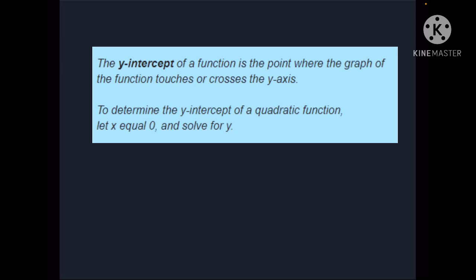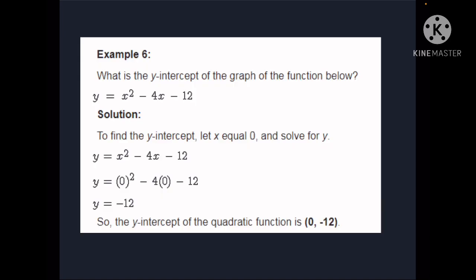But don't be mistaken: the x-intercept is where the value of y is equal to 0, but the y-intercept is where the value of x is equal to 0. For example, what is the y-intercept for the following equation of the parabola or graph? The equation is x to the power of 2 minus 4x minus 12.